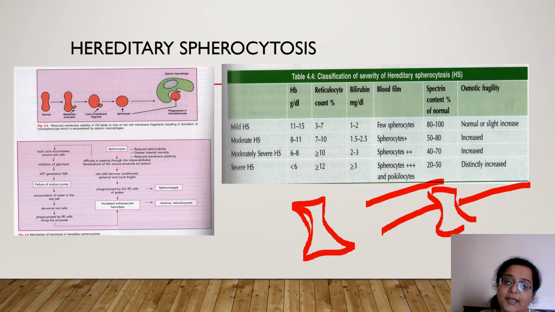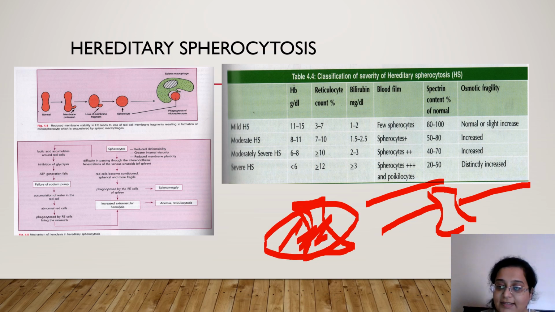However, in spherocytosis, this plasticity, this ability of the membrane to mold itself is lost. And what happens is when it tries to move through the spleen or through its sinuses, it starts breaking off because the entire shape becomes spheroidal, like a sphere, because of the mutation in the protein.